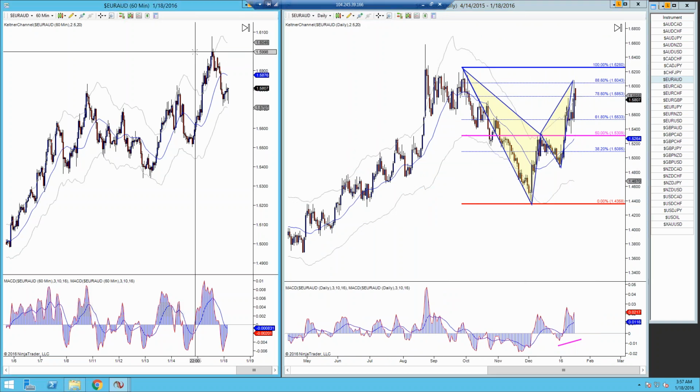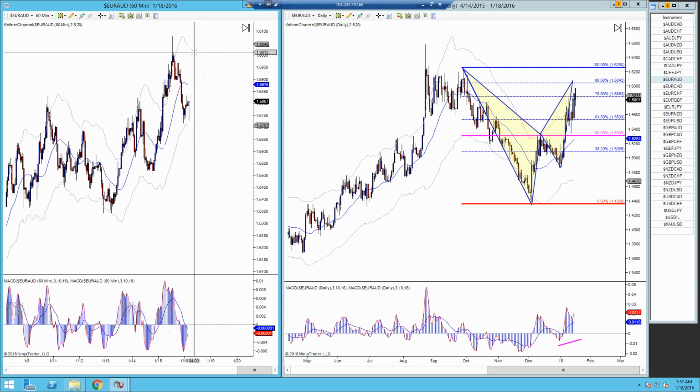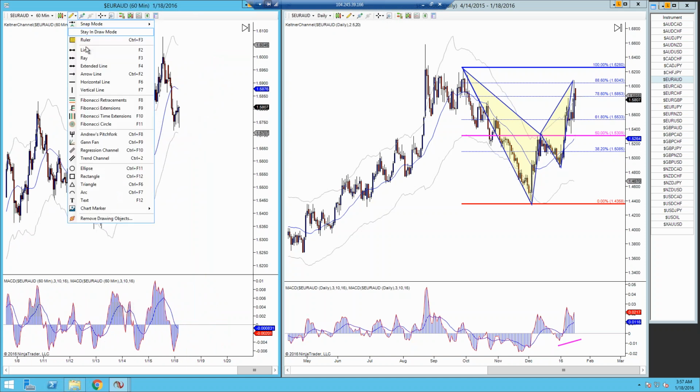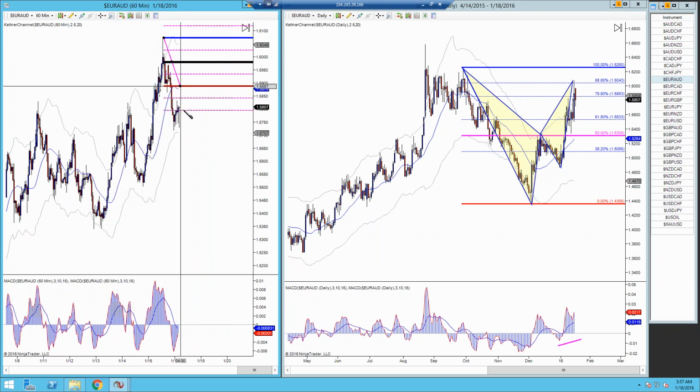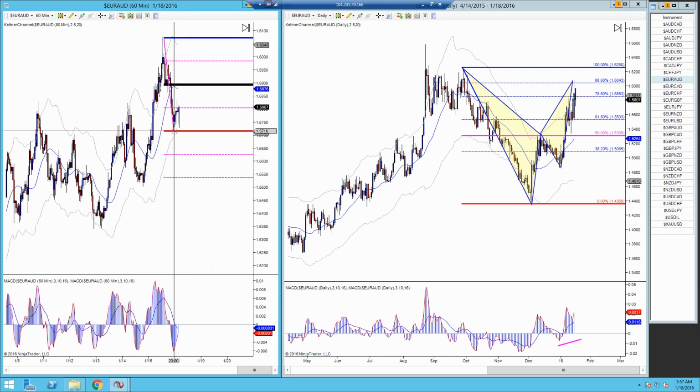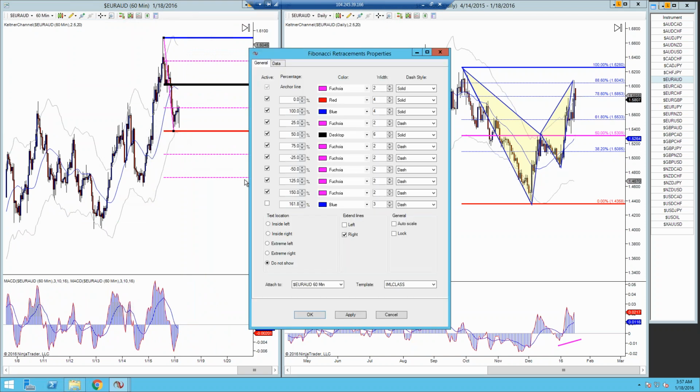So this market, the EUR AUD, is under the influence of a bat pattern. We want to start looking now as to where maybe a short sale should come in on the lower time frame.